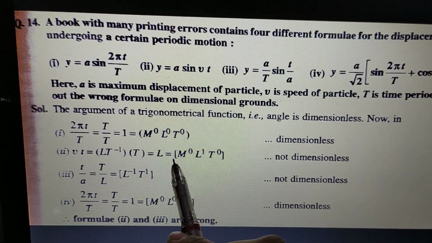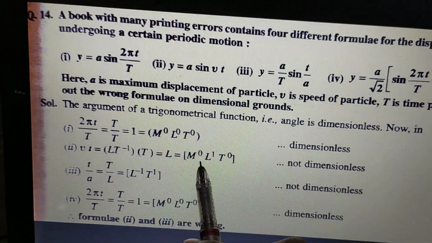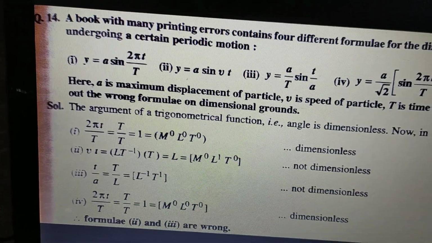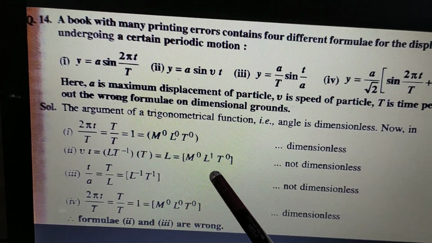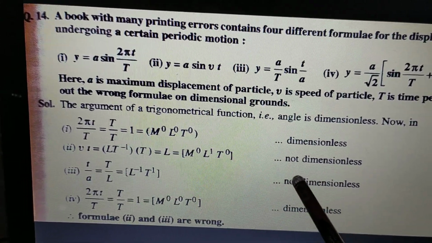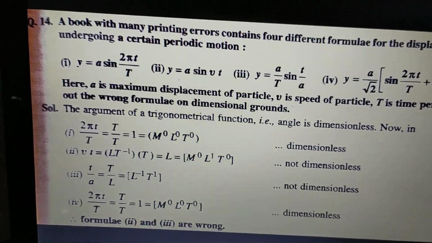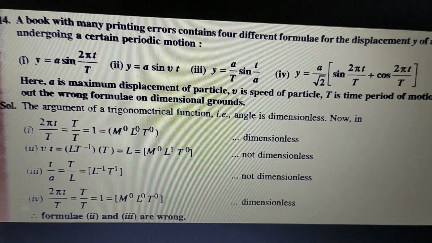What we are left with is only L. So the dimensional formula will finally be M0 L1 T0. Now we can say it has some dimensions, so as the question demands, it is not dimensionless. Why? Because it has some dimension.